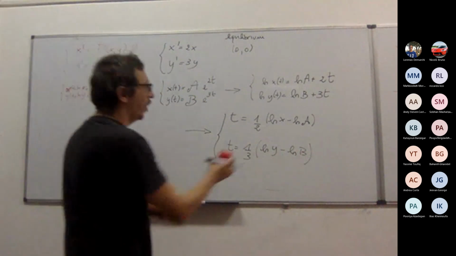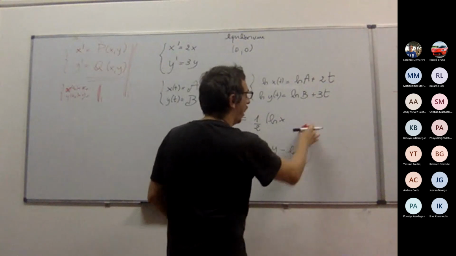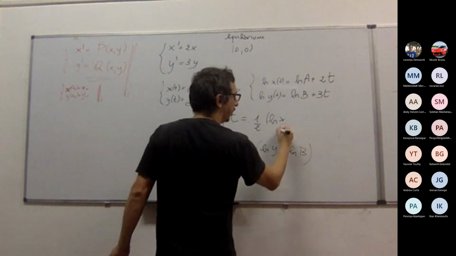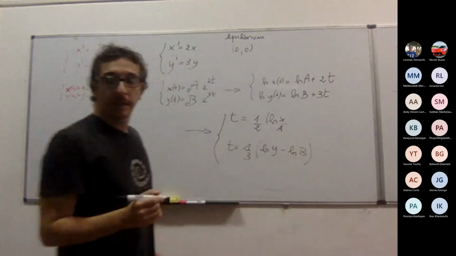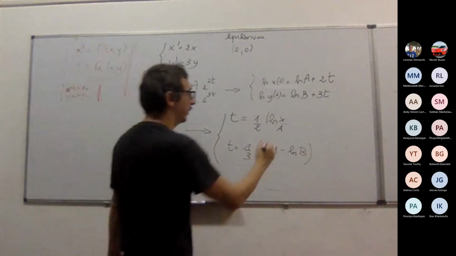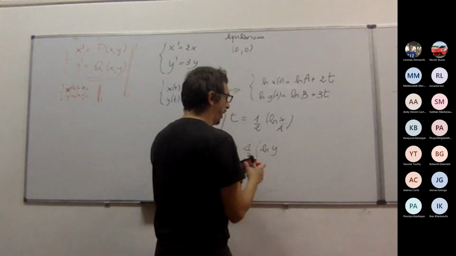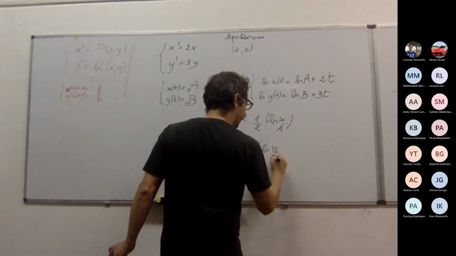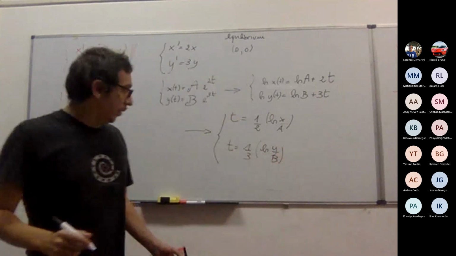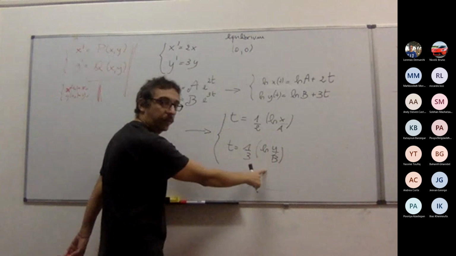Now let me write log x minus log a using exactly the same property that you told me. Log x over a, right? And the other one is log y over b. But now what I have is t equal to this and t equal to that.